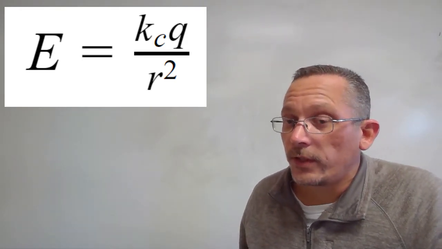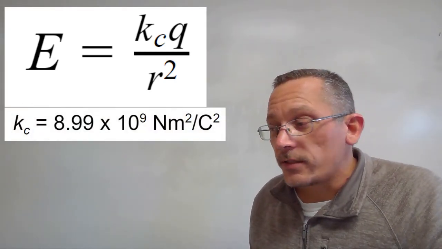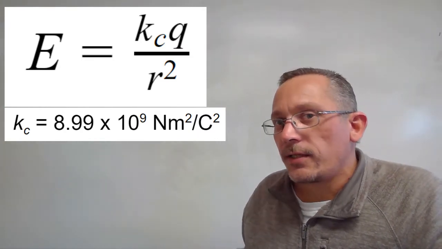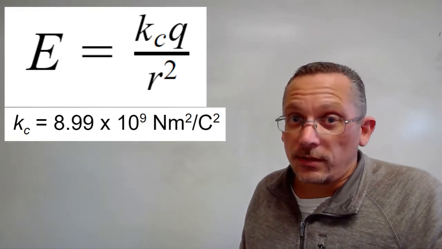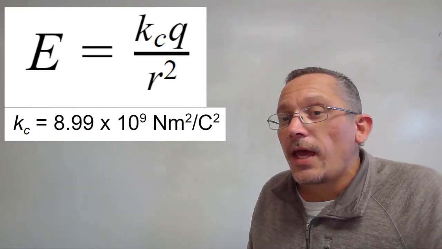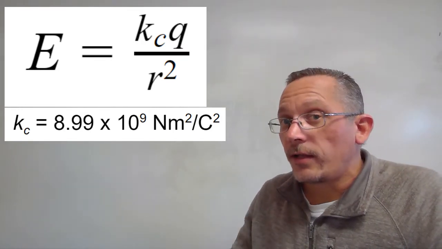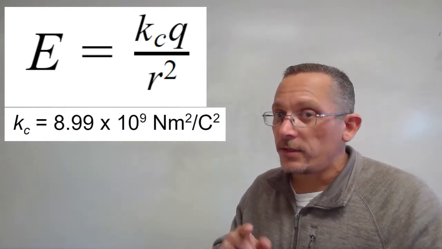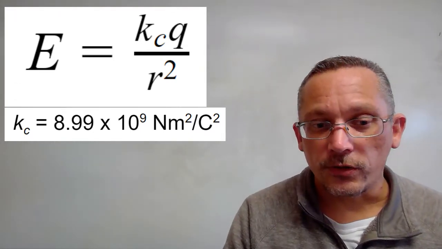Kc, if you remember from our last lesson, is Coulomb's constant. That's 8.99 times 10 to the 9th, right? Q is the charge in coulombs, and r is the distance away from that charge where you want to find the electric field strength, right? And keep in mind, r there is squared. So E equals kcq over r squared.